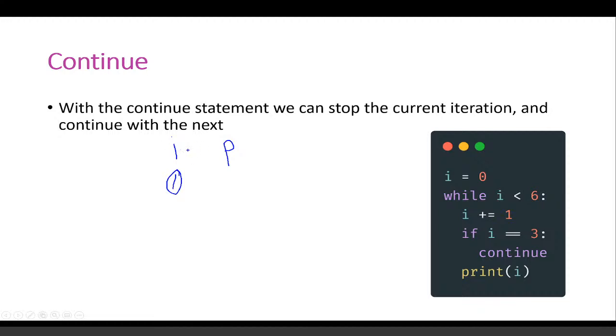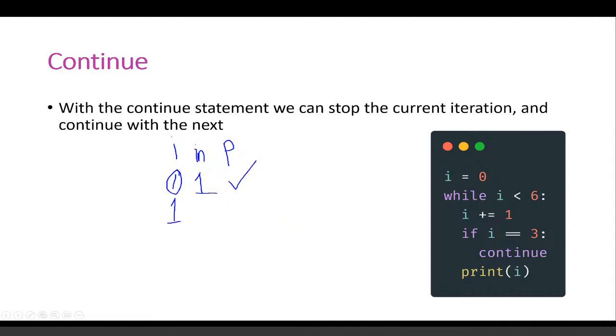So let's also include our increment value. So I is equal to 0. We start out with I at 0. We increment I to 1. At this point, I is reassigned to 1. 1 is not equal to 3, so it's going to skip that if statement, which will cause it to print.